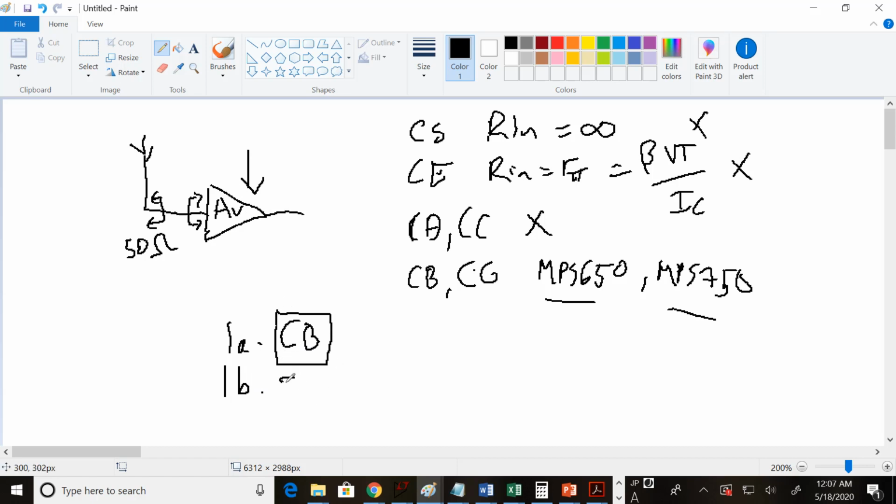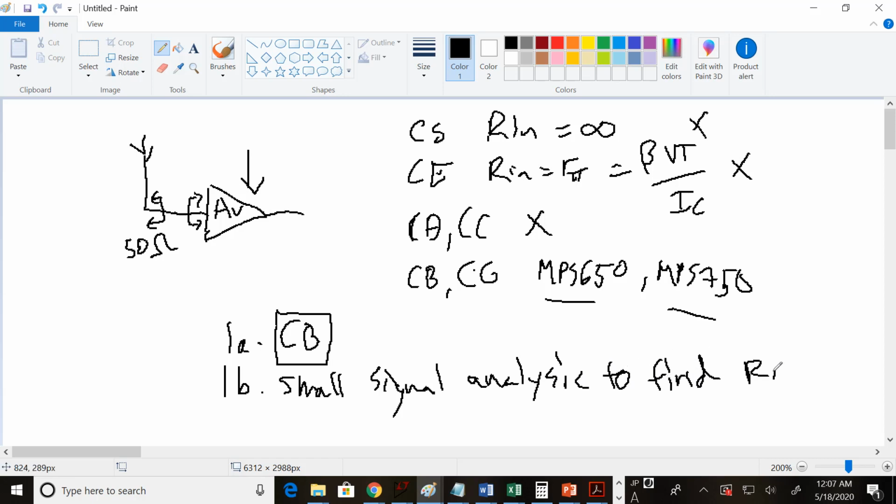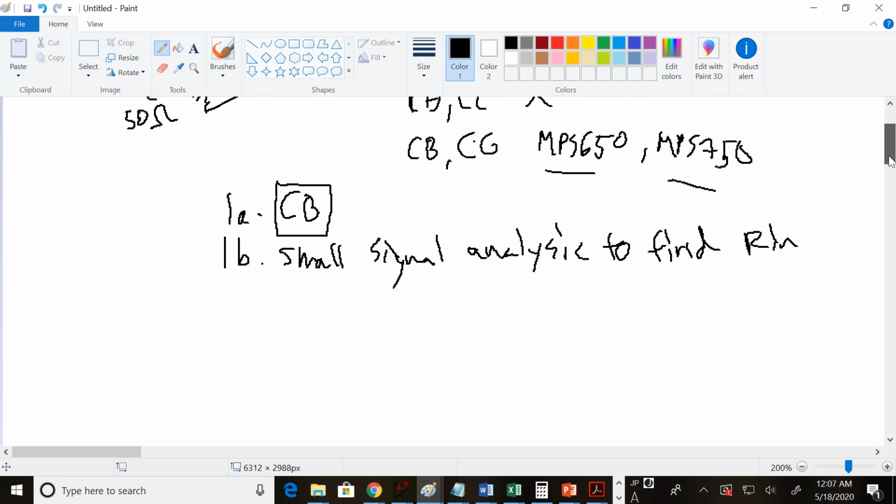So now you need to do small signal analysis to find Rn, and you're looking into the emitter.